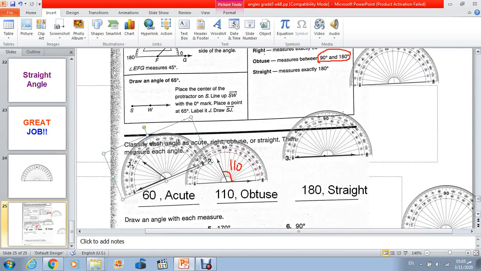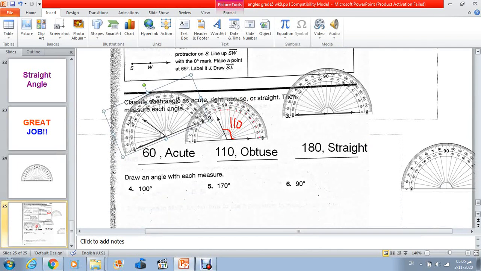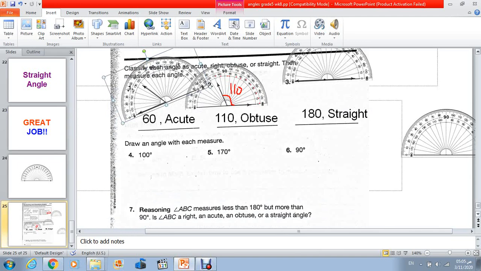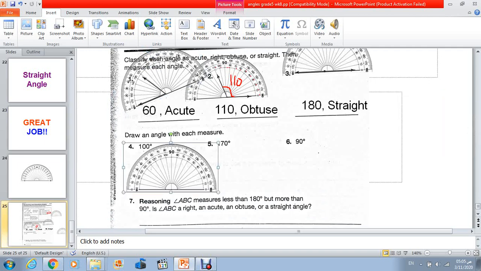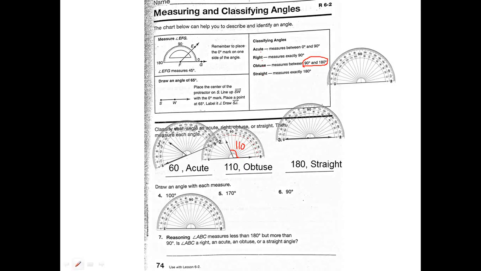Now, let's draw an angle with each measure, like for example 100, 170, 90. So I will place here the protractor, get the pen, and start from here, from the 0.